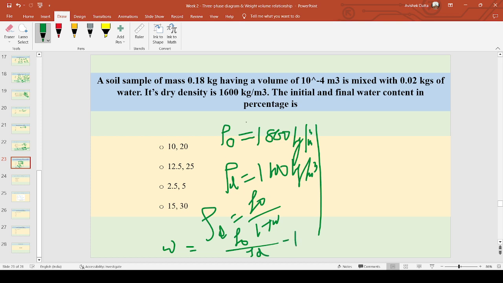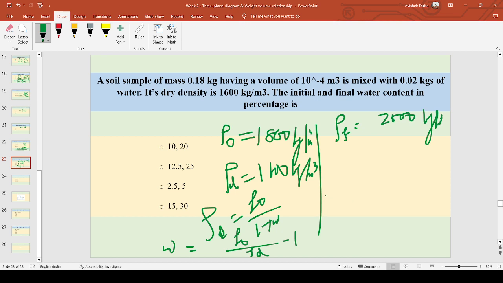In this case, the final value will be 0.18 plus the addition of 0.02 kg of water, divided by 10 to the power minus 4, that is 2000, right? Yes, sir. It will be 2000 kg per meter cube.